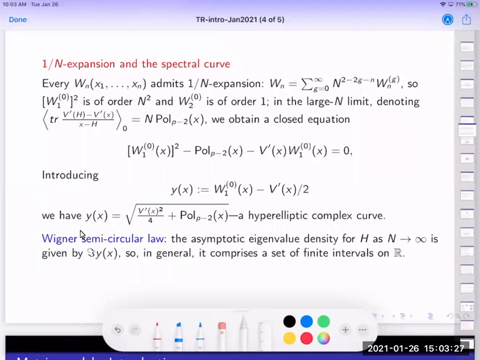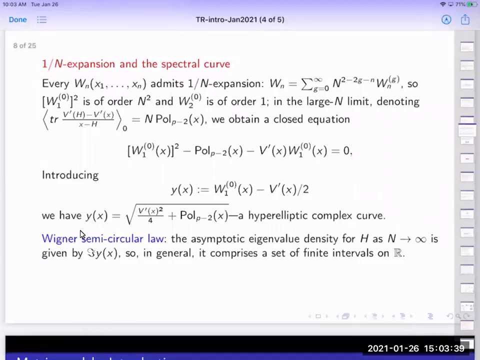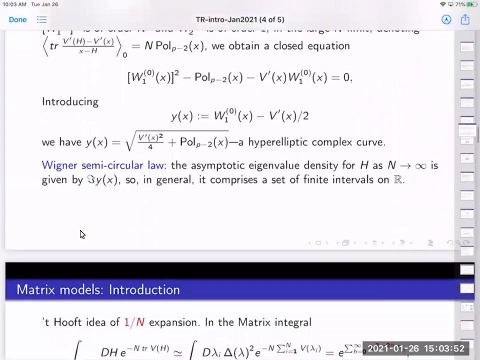So it's a hyperelliptic equation, a hyperelliptic curve in the case of the one matrix model. And as I will show on another example today, it's just one possibility, because in general we can actually obtain any algebraic curve using this method.